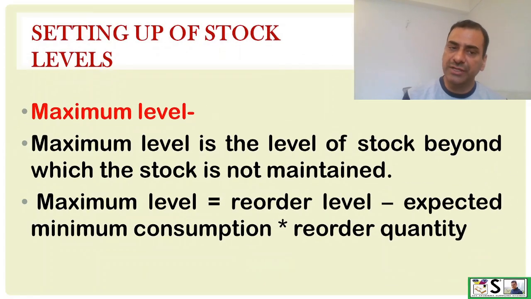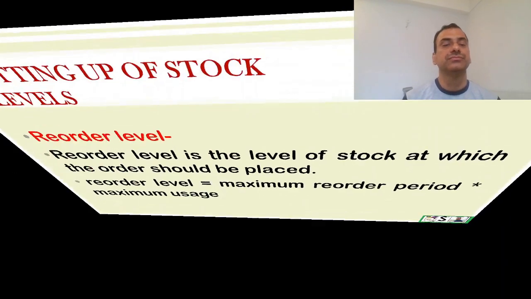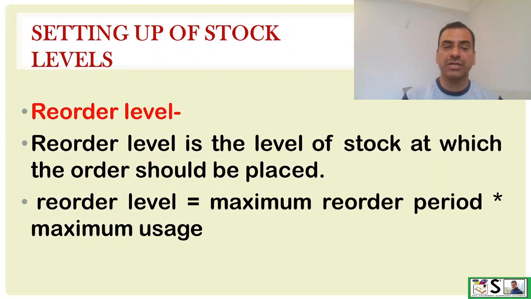What is maximum level? Maximum level is the level of the stock beyond which the stock is never maintained. Maximum level is reorder level minus expected minimum consumption multiplied by reorder quantity. What is reorder level? Reorder level is the level of stock at which the order should be placed.